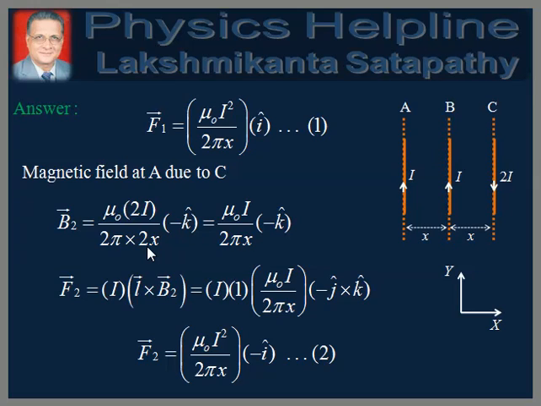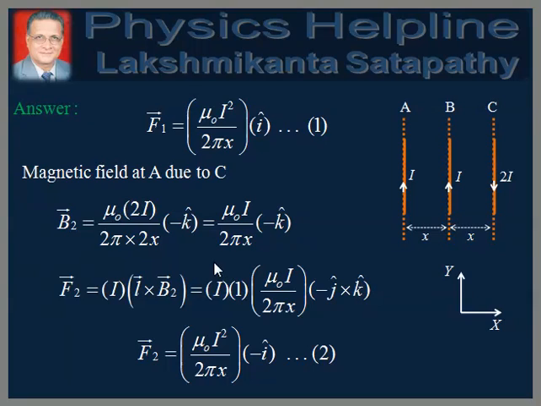And what will be the direction? If we hold conductor C in our right hand with thumb pointing downwards in the direction of current, then the curling fingers at A will be into the plane of the figure, which is the negative z direction, represented by minus k cap. And this 2 and 2 get cancelled, giving us mu 0 I by 2 pi x into minus k cap.